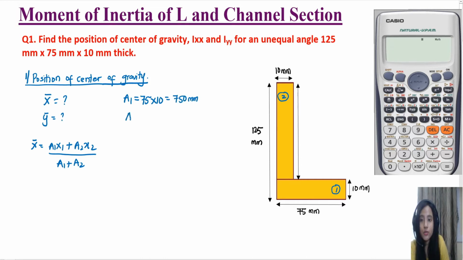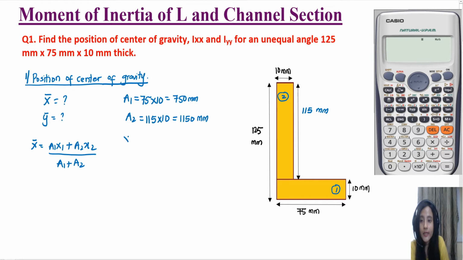My area A2: I need only this length, so the total length here is 125, so 125 minus 10, this length will be equal to 115 mm. So my area 2 will be 115 into 10, equal to 1150 mm². So this is my area.